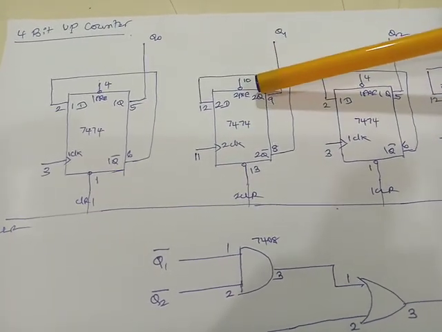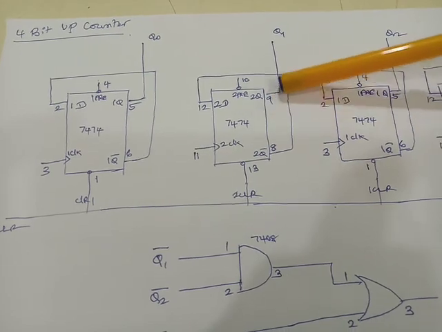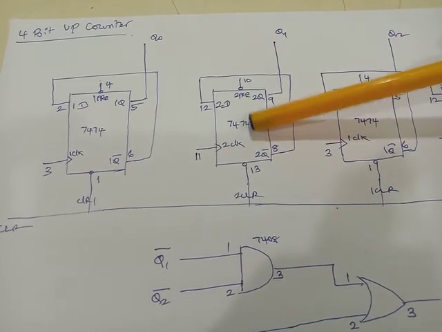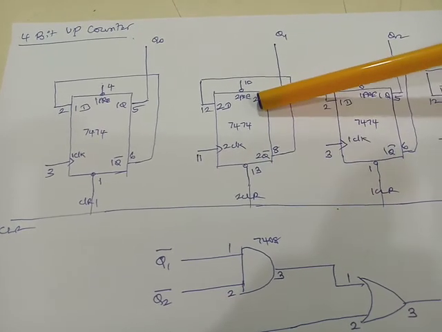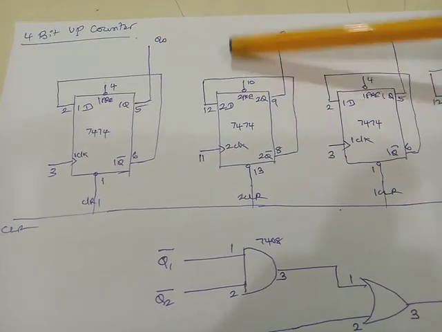Pin number 10 is the preset, pin number 9 is the output from the second flip-flop, and pin number 8 is the complementary output. This is Q, this is Q bar. We shorted 8 to 12.